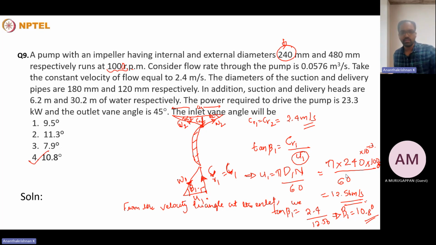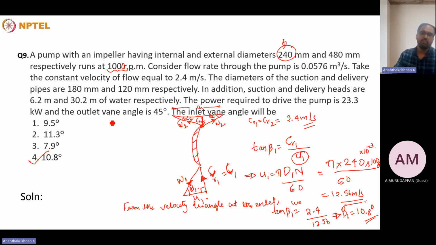Similarly, we will have the velocity heads as well, which can be calculated from the volume flow rate, which is given, and the diameter of the suction and delivery pipes, and also the height at which the inlet and exit of the impeller are located. Normally, the difference in height between the inlet and the exit is neglected.